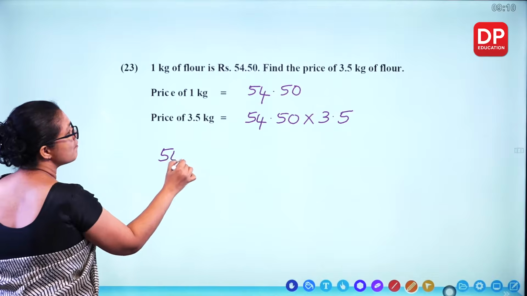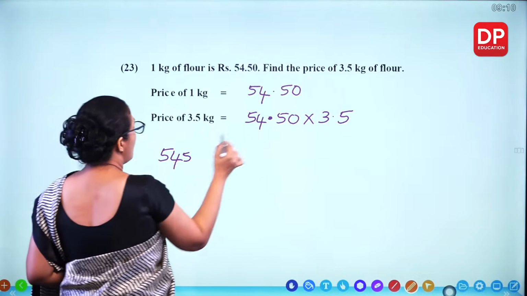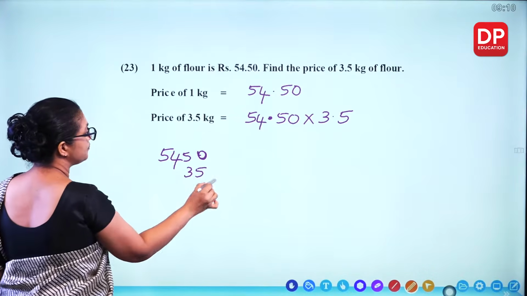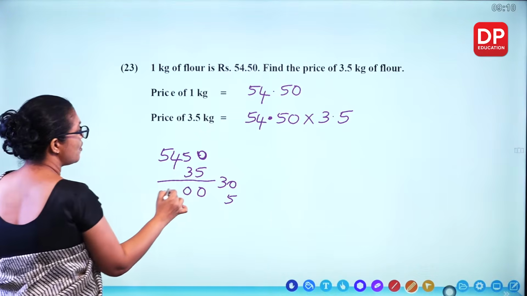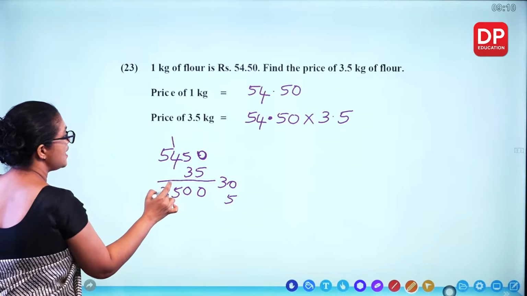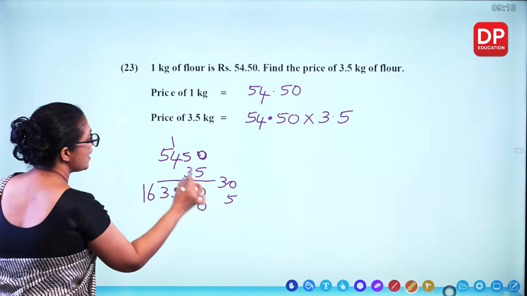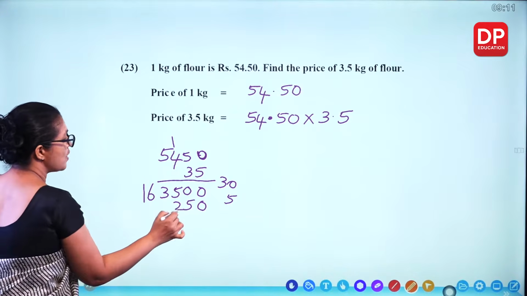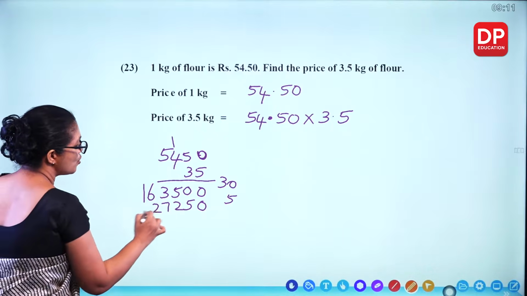So we'll multiply 5450 by 35 first, without the decimal point. 0, 3 times 5, 15, 3 times 4, 12 plus 1, 13, 3 times 5, 15 plus 1, 16. 5 times 0, 0, 5 times 5, 25, 5 times 4, 20 plus 2, 22, 5 times 5, 25 plus 2, 27.